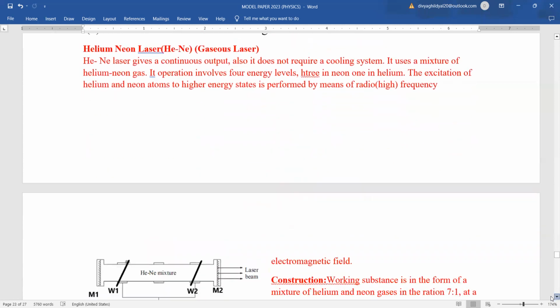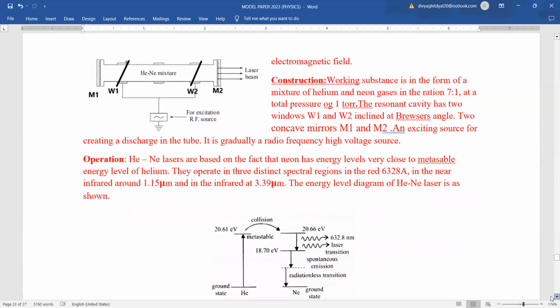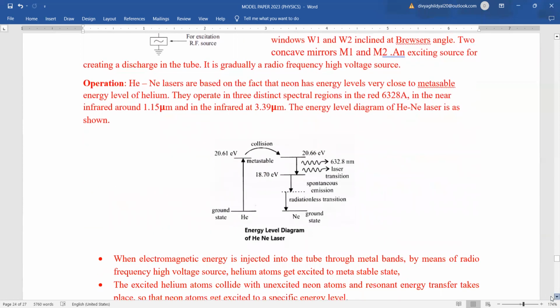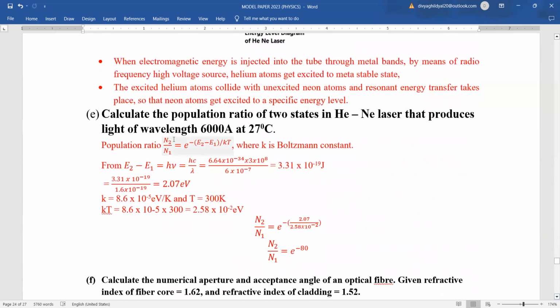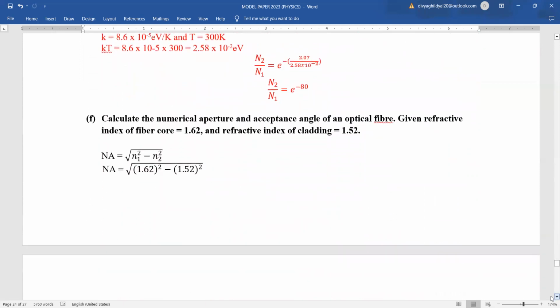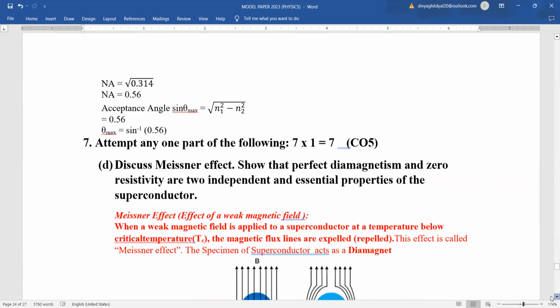If the helium neon laser has been asked, I will make the diagram of the helium neon laser and explain it with the help of an energy level diagram. It is superior to the ruby laser. And if a numerical is there, then N2 upon N1 is equal to e to the power of minus (E2 minus E1) divided by kT. Numerical aperture formula: under root n1 square minus n2 square.